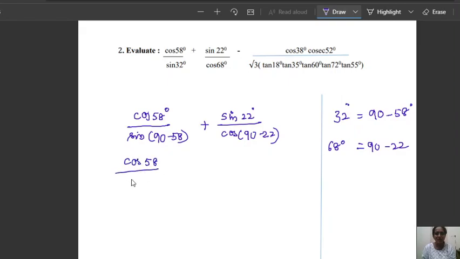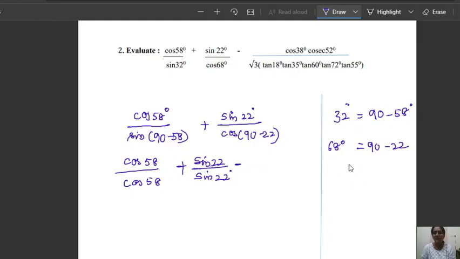Once again sin (90 minus 58) is cos 58, plus sin 22 degree divided by, once again cos (90 minus 22) is sin 22, minus.